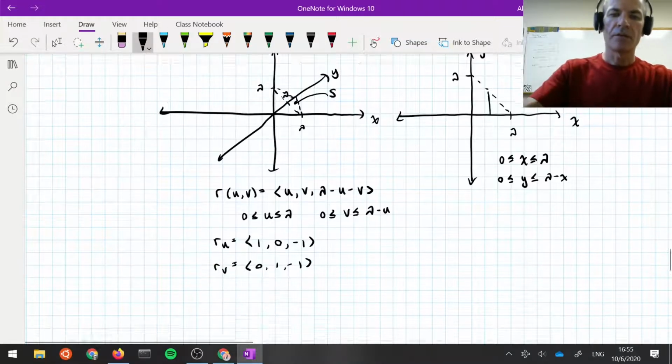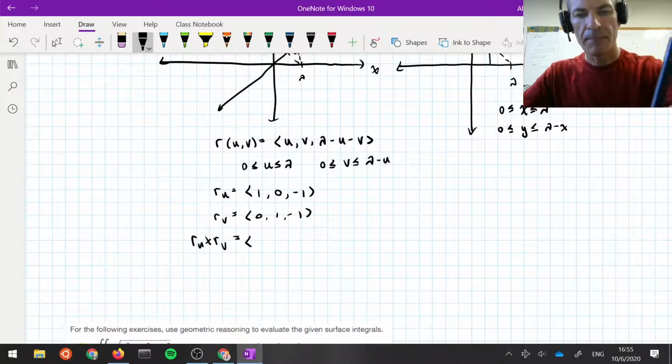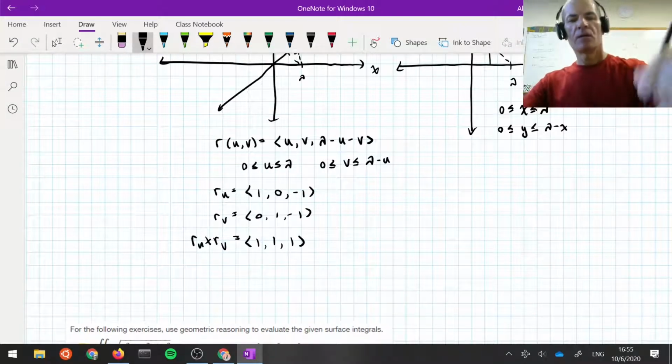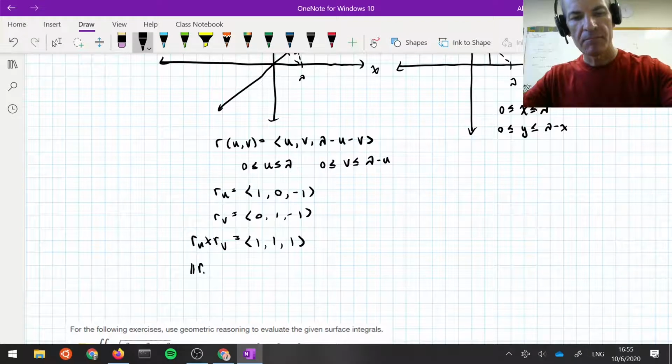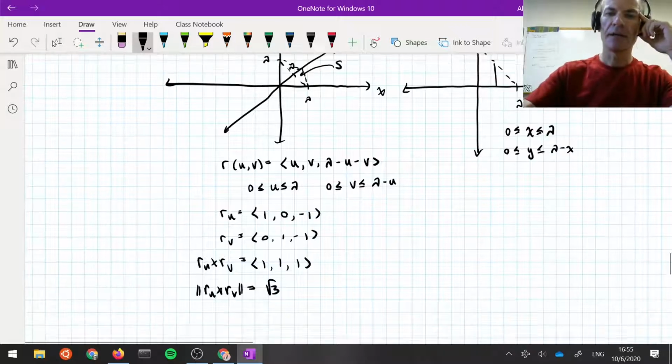Let's see what RU cross RV is. RU cross RV, we're going to get 1, 1, and 1. Nice. What's the magnitude of that? Square root of 3. And we're nearly ready.